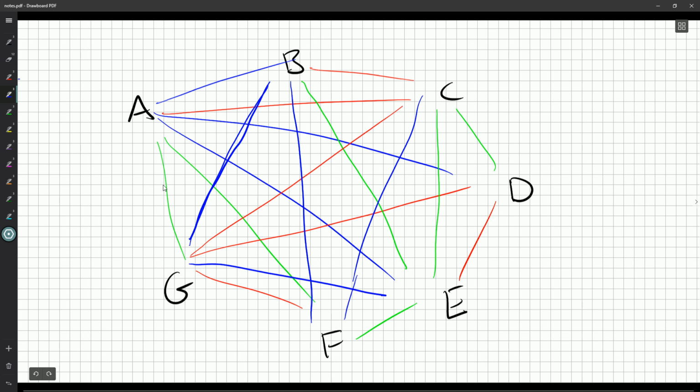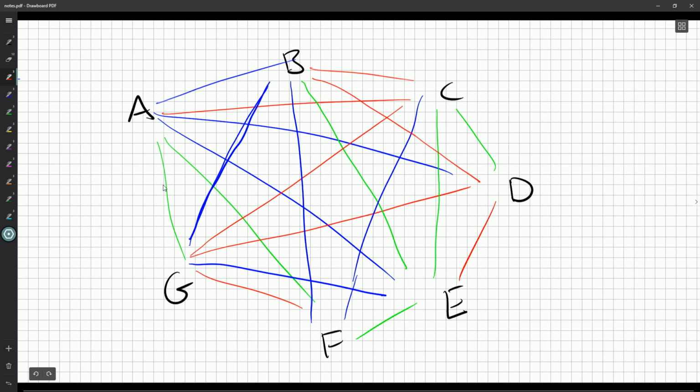BD can't be blue, even though I'd like it for the BCD triangle to be diverse. How about red? There's not a lot of red going into B. So that seems good.